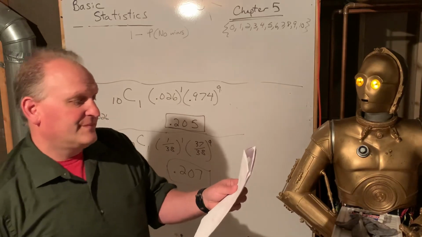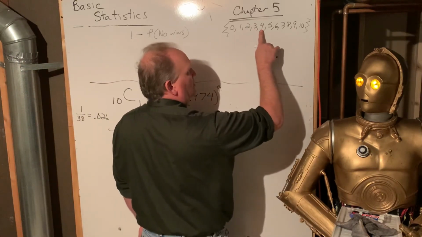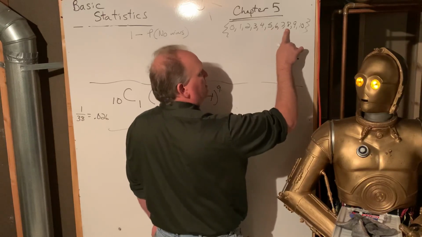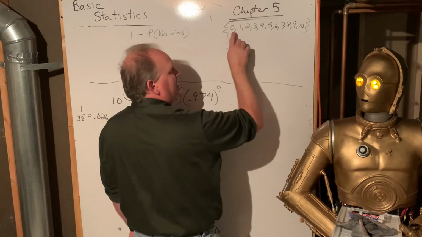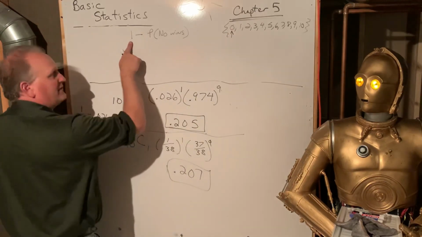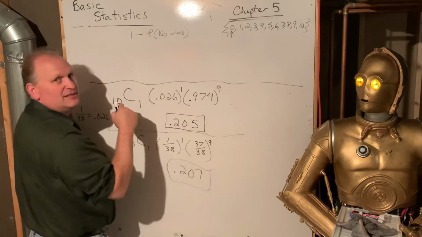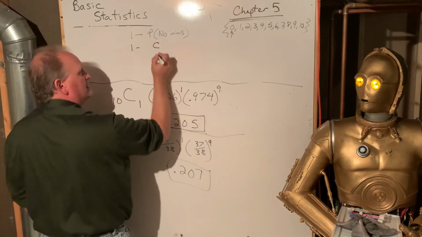But instead of figuring out 1 or 2 or 3 or 4 or 5 or 6 or 7 or 8 or 9 or all 10 wins and adding them up, it's easier just to figure this one out and then subtract it from 1. They're complements. So we're going to figure out the probability of no wins.